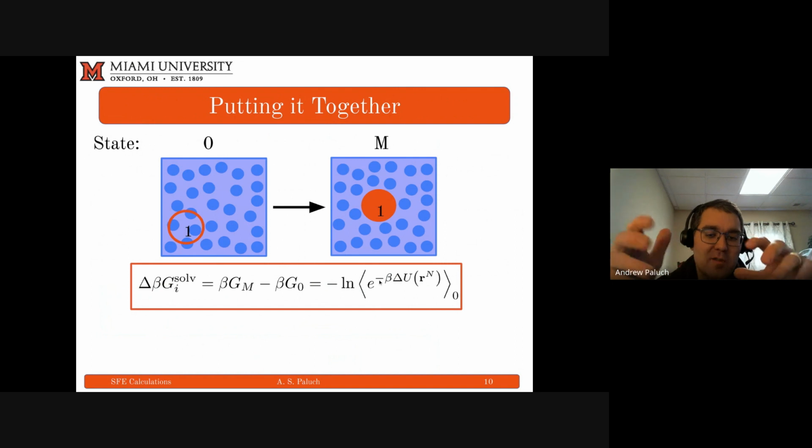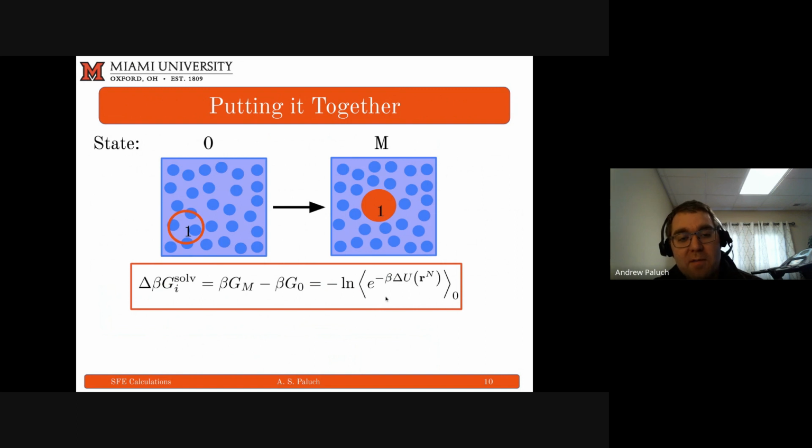So I periodically pause my simulation, record the internal energy, record the internal energy of the system where I turn on the interactions between the solute and solvent, and then at the end of the simulation, I'll be able to compute, at each one of those points in which I sample, e to the negative beta delta U, and then I compute my expectation value, the average. And that's the idea.